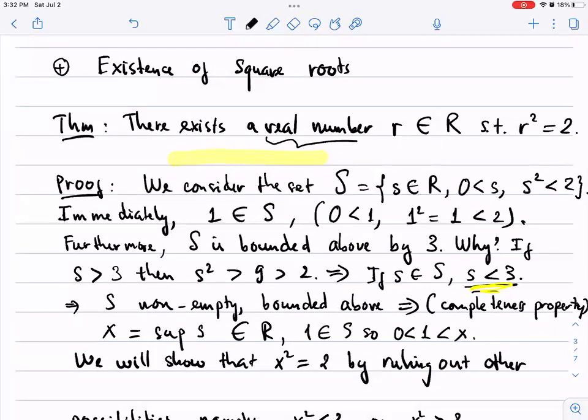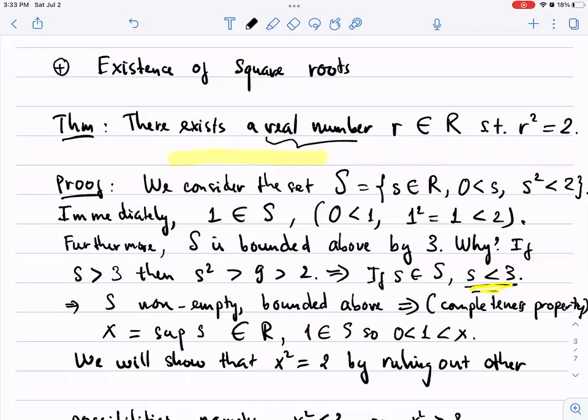We said that Q satisfies all algebraic and order properties, just like the set of real numbers. However, there is no element in the set of all rational numbers Q such that the square of that element is equal to 2.